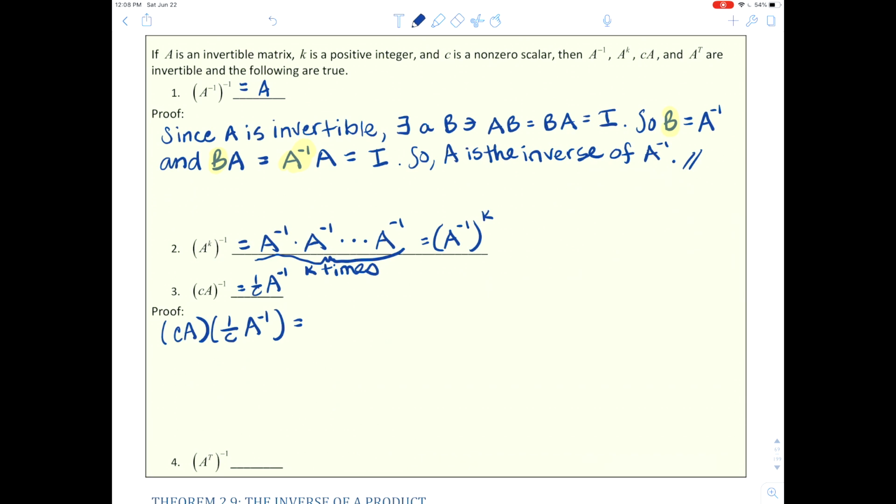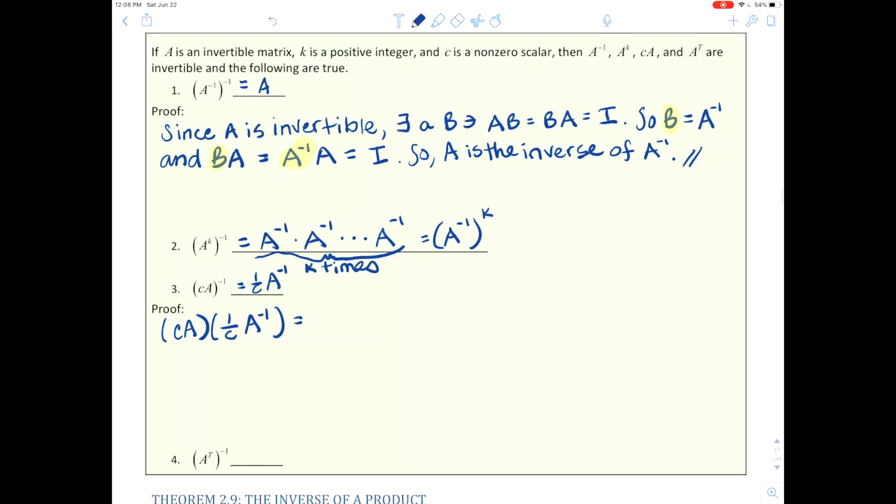That'll equal, good, we can commute the A and the 1 over C, right? So we would end up getting C times 1 over C and then times A times A inverse.